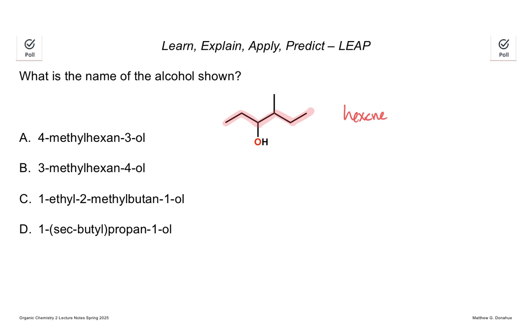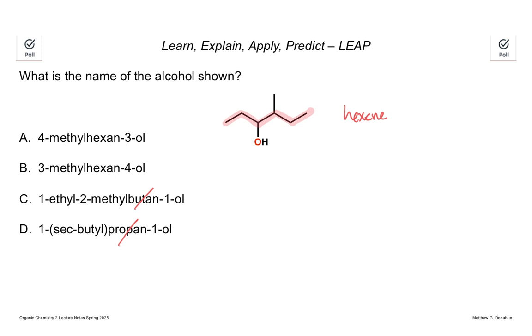So immediately we can eliminate C and D. Now the difference between A and B is the numbering of the substituents along the chain. The highest oxidized carbon on that chain is the one bearing the OH group, so that's going to be the parent, and it has to get the lowest number.